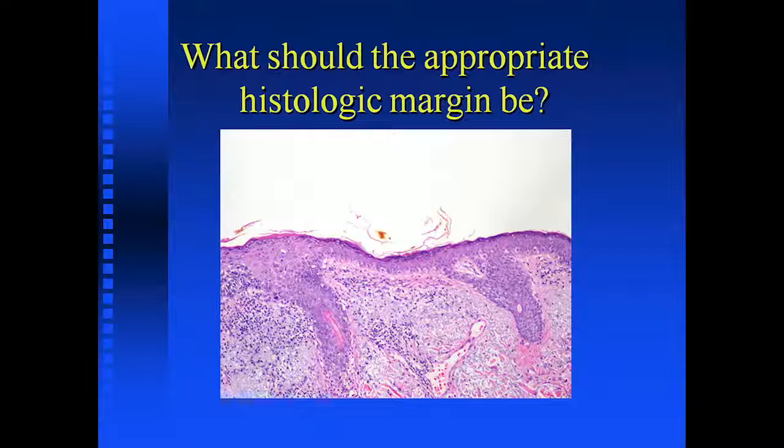So this brings up the issue of what is the adequate margin for a melanoma? Again, I don't really have an answer for you, but I can tell you that in the lentigo maligna type, this happens all the time with all the surgeons here and the dermatologists. Sometimes we don't know what the real margin is.